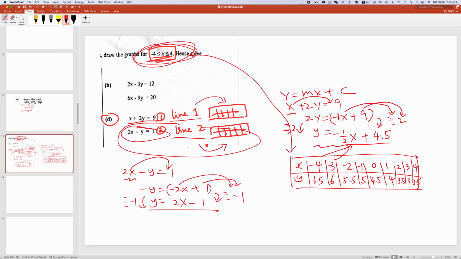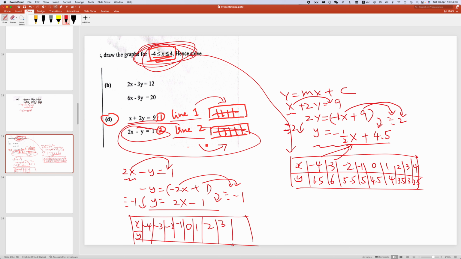So don't need to draw the line first. So minus 4, put it in, what do you get? So you create a table. The x values are minus 4, minus 3, minus 2, minus 1, 0, 1, 2, 3, 4. So do that.